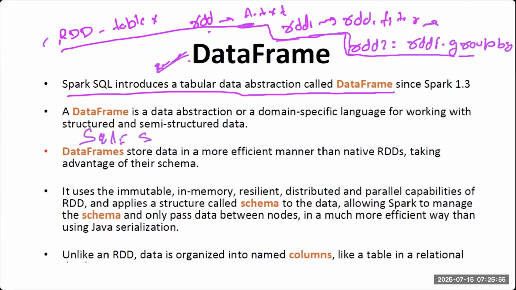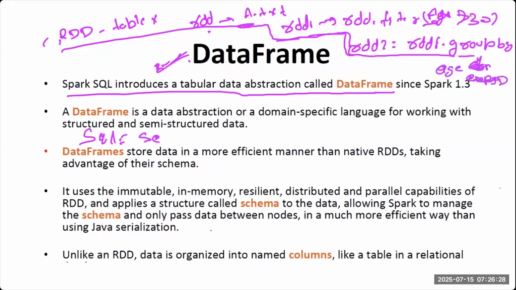Let's suppose I was doing filter and group by. I was doing the filter on the age column, where age is greater than 30, and then grouping it by age.